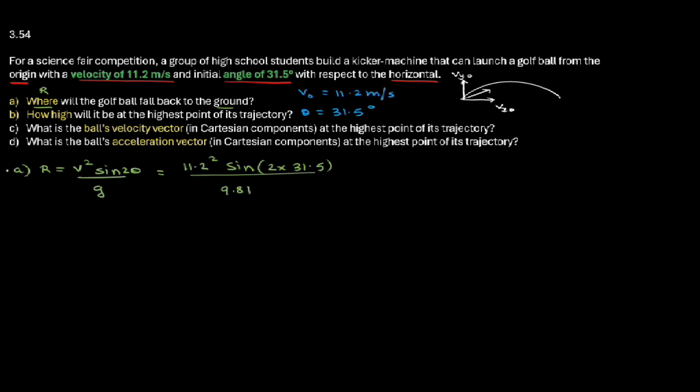Whenever we are using a rule, we don't need to take g as negative, because while deriving this rule, we already considered g to be negative. So in this rule, I will just take the magnitude, no need to put the sign. When you solve this, you get the range to be equal to 11.39, which you can round off to 11.4 meters.